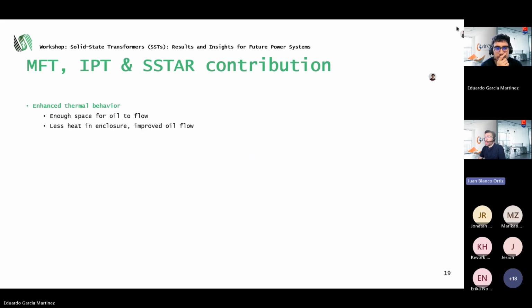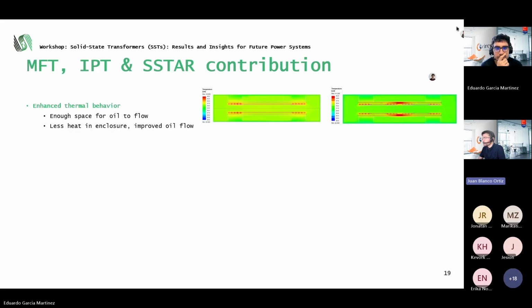Now with the thermal behavior, as you can see again, Eduardo, there is enough space for oil to flow in both cases, for the double D or the square one. This is a thermal simulation.